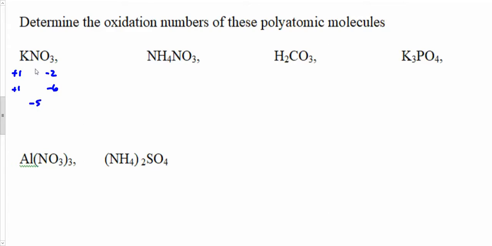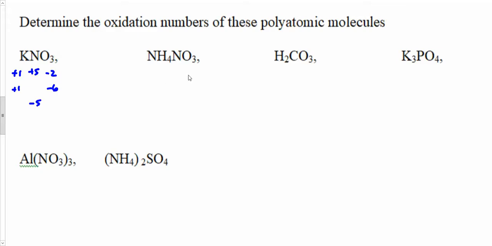All the numbers here have to add to the charge on this molecule, which is 0. So if currently I'm at -5, N better be +5 so that I get a 0. Notice here, +1, +5, and then 3 -2's put me at the overall charge, which is 0.